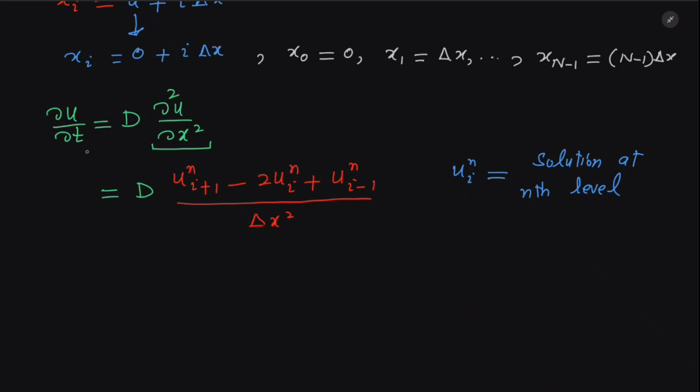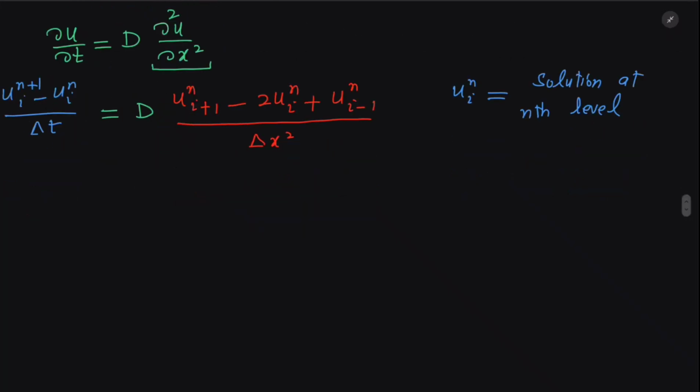On the left hand side, we have the time derivative. For the time derivative, we use Euler's method, RK methods, RK2 and RK4 methods. And for Euler's method, we can apply (u^(n+1)_i minus u^n_i) over delta t. Although this is a forward method in time, it is the explicit Euler's method.